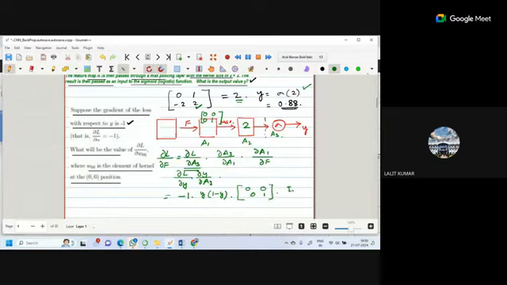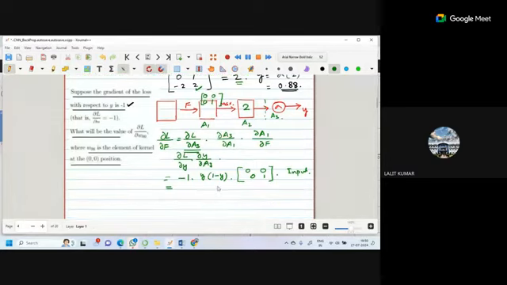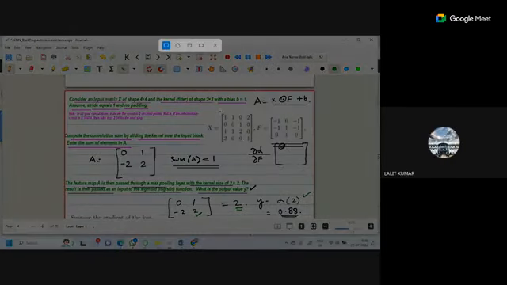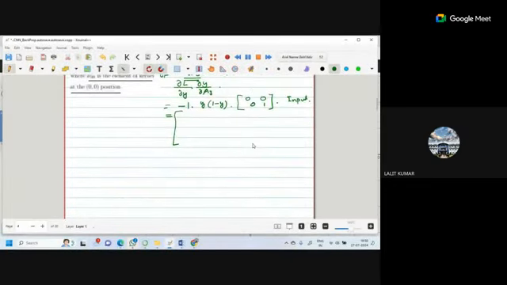So can you calculate minus 0.88 into 1 minus 0.88? Bhavya, can you give me this figure? 0.88 into 1 minus 0.12. 0.10. Okay, very nice.